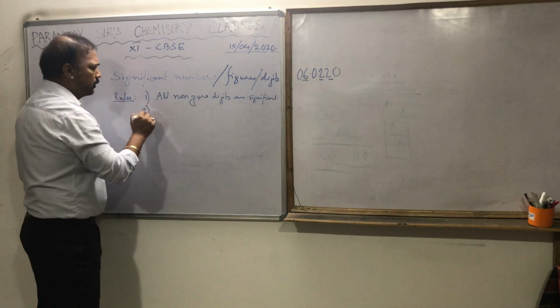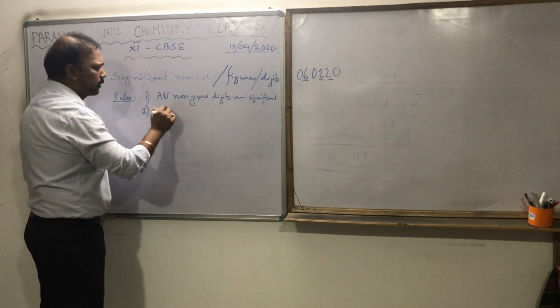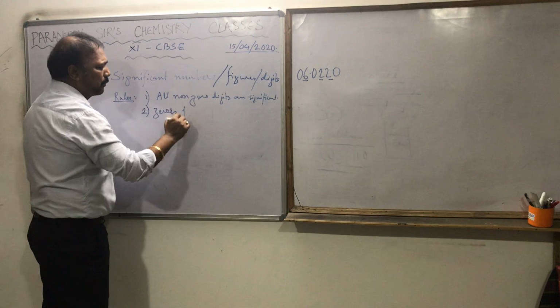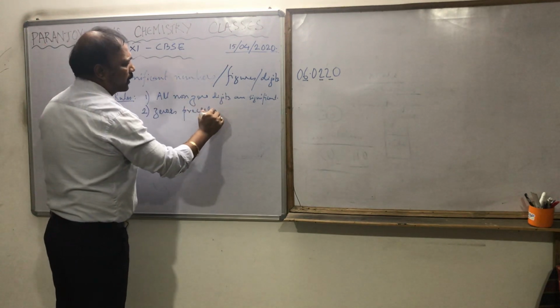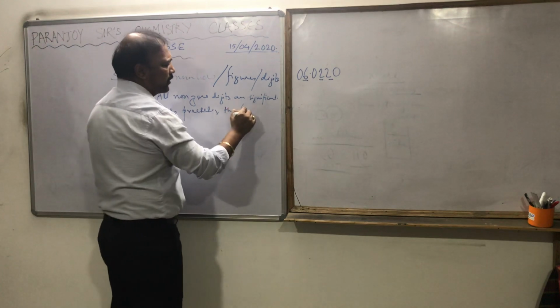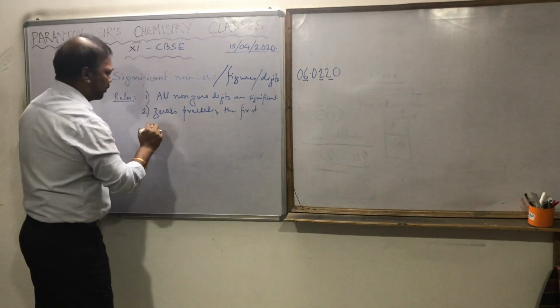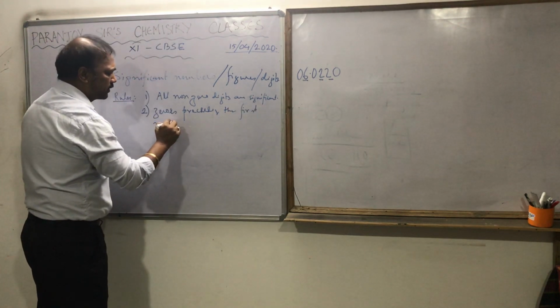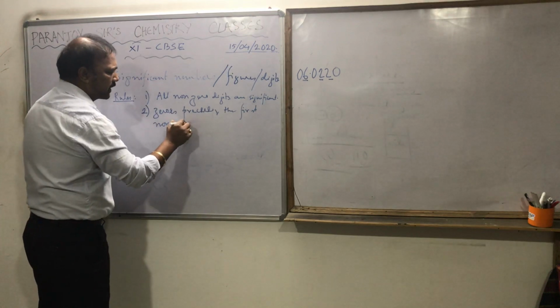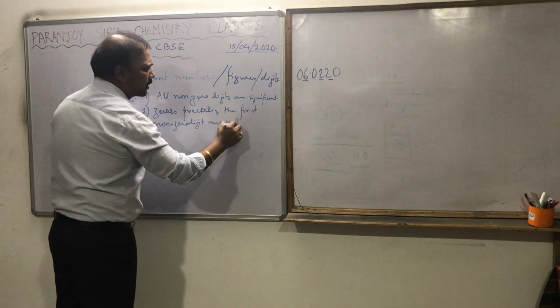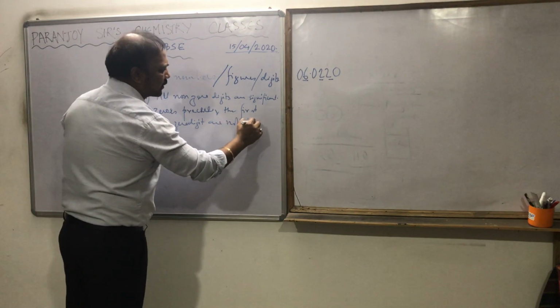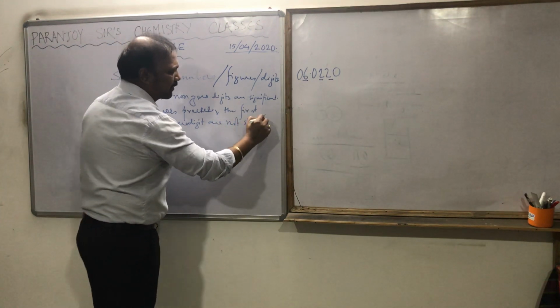Rule 2: zeros preceding the first non-zero digit are not significant.